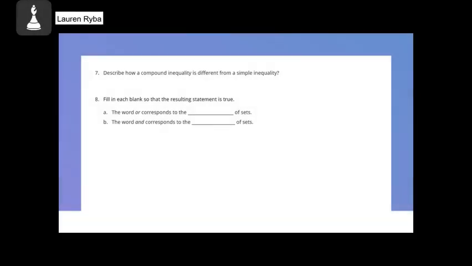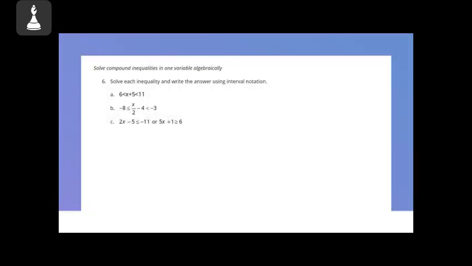How do these compound inequalities differ from simple inequalities? Well, whether you're looking at them as a combined 3 parts here or 2 separate pieces, it's really 2 inequalities. I could rewrite this first one as 6 is less than x plus 5, and then I could write x plus 5 is less than 11.